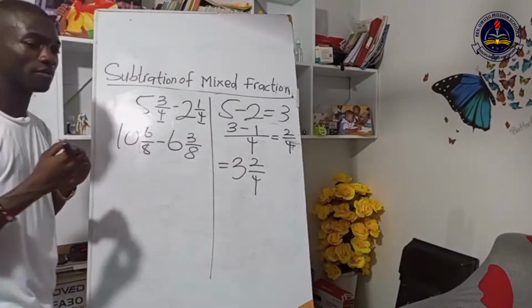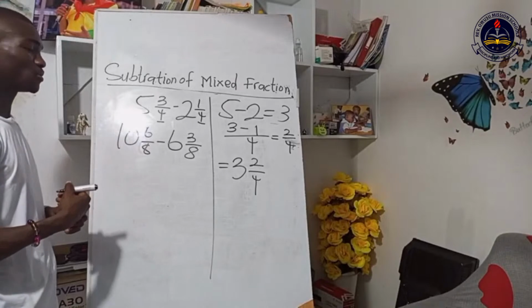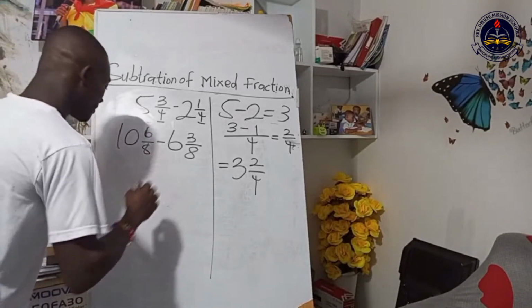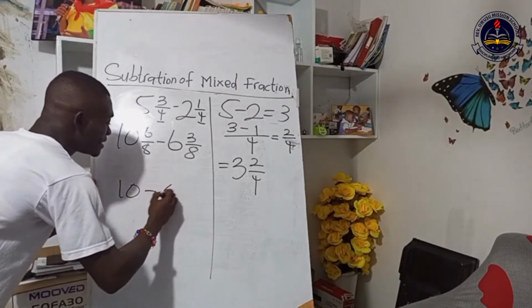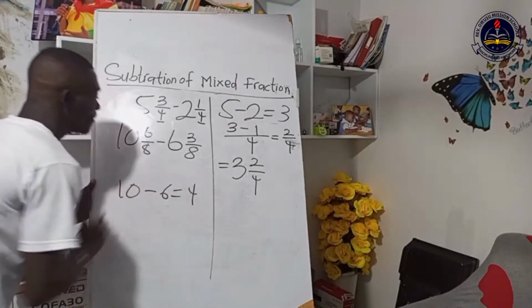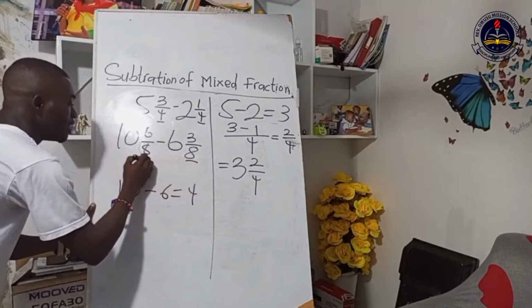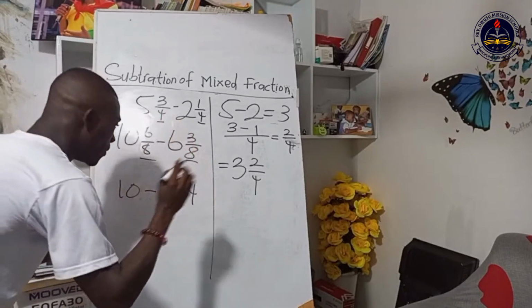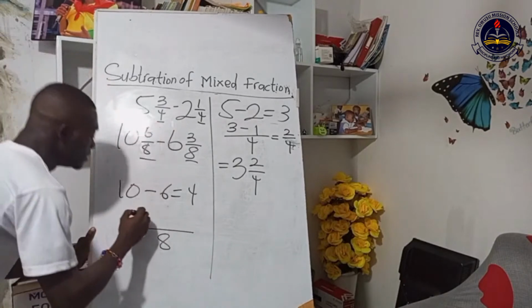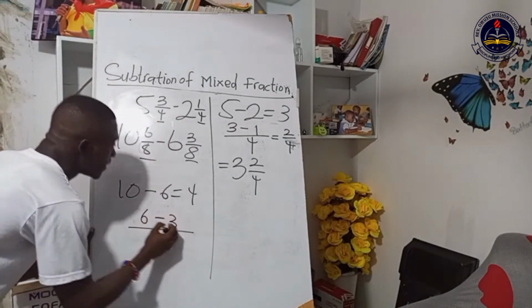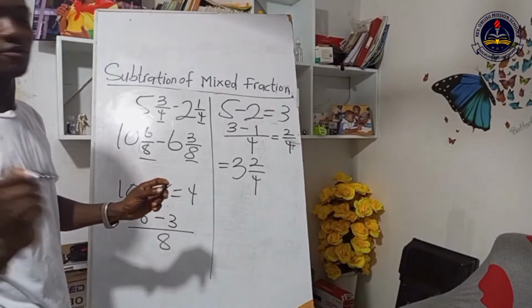Let's solve the second example together. 10 minus 6 is equal to 4. Our down numbers are the same, so we pick only one, which is 8. 6 minus 3. Hope you know where I get the 6 from.